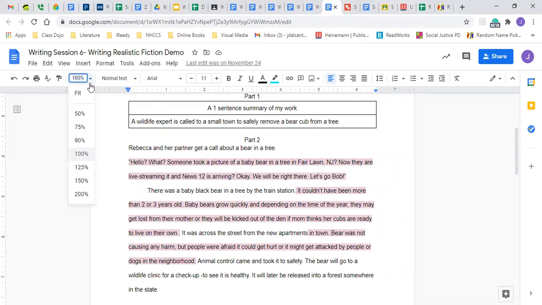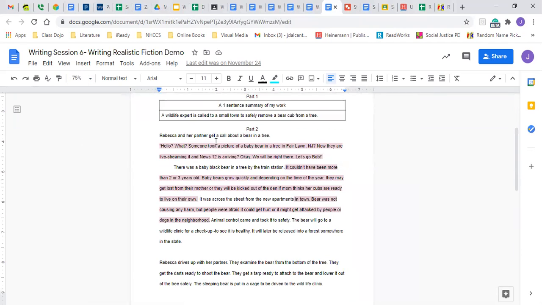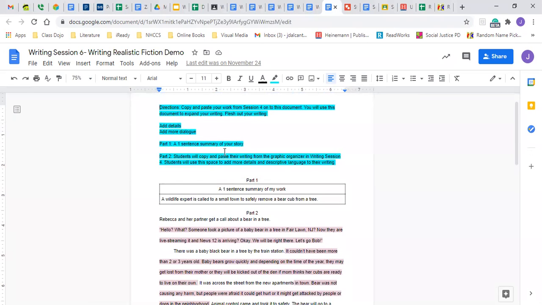Here is session 6. This was the next session that we were doing writing in. So at this point, for part 1, students can turn their story into a one-sentence summary. What this means is that if students can make a summary of their story in one sentence, they have a clear idea what it's going to be about.